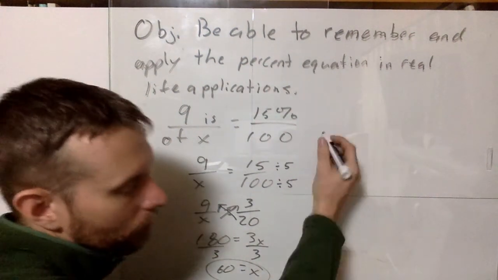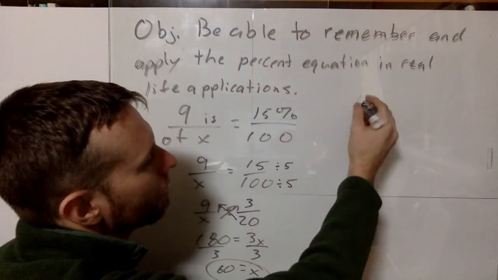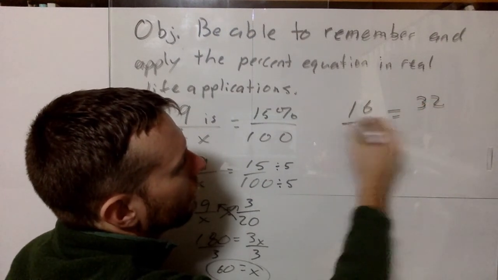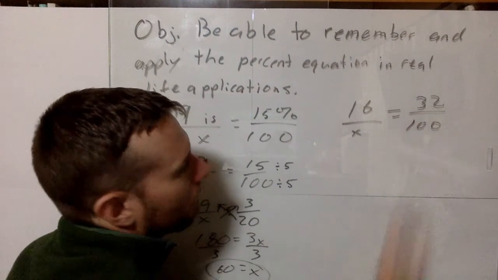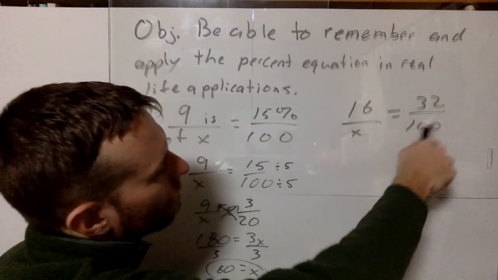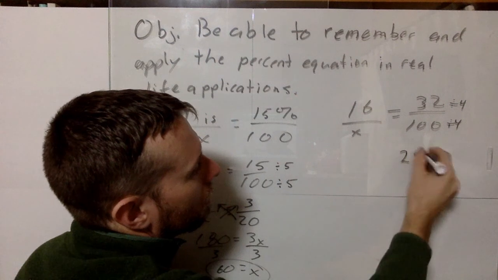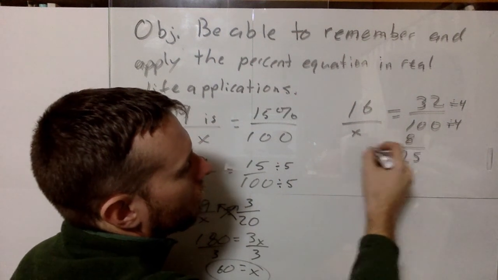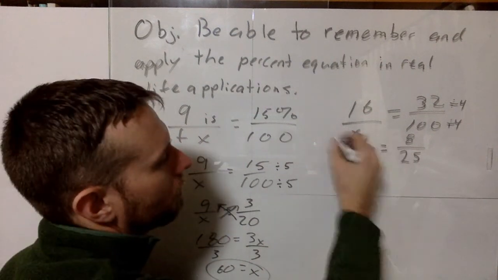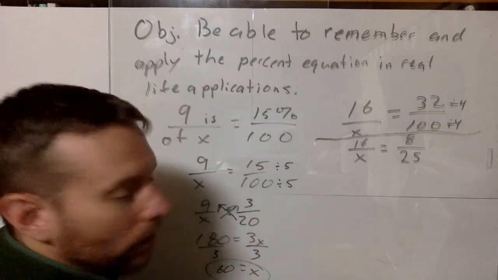And last but not least, we'll just do one more. 16 is 32% of what number? Let's divide this by 4. Now, to save a little bit of time, I'm just going to do a little trick for you here.